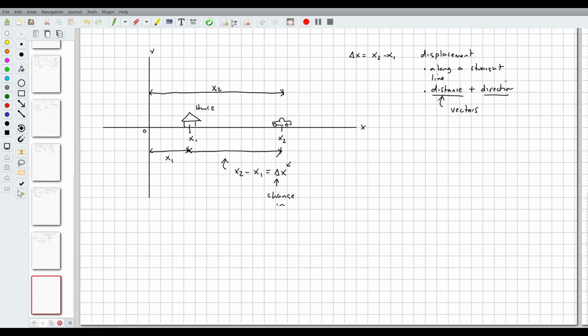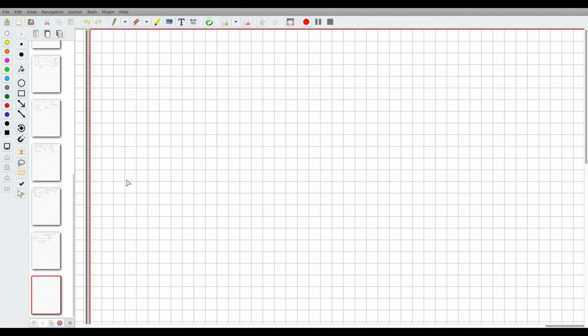So I want you to think of instantaneous acceleration here as being defined in a similar way as instantaneous velocity was. Remember, what we did really to get away from our average velocity to instantaneous was to promote these deltas to differentials.